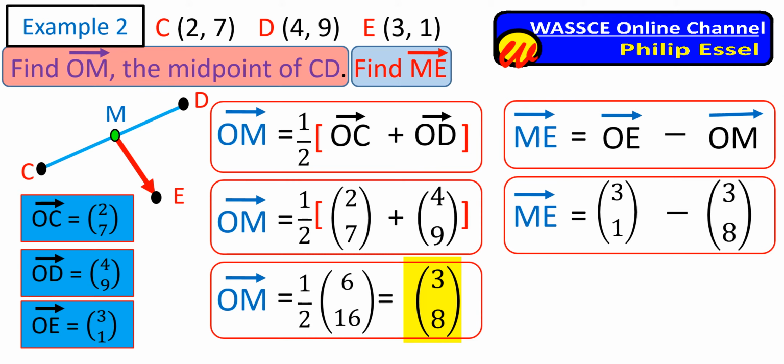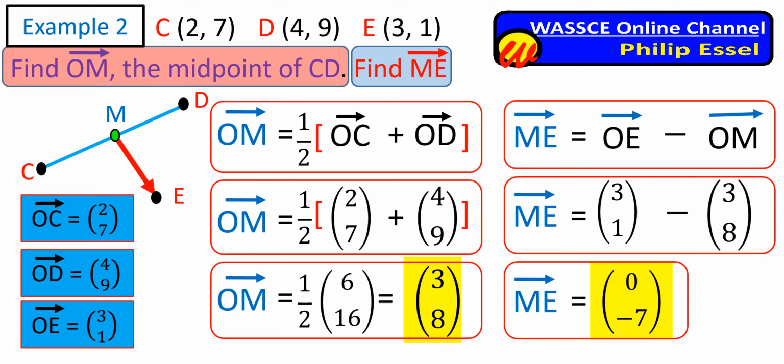So our vector ME is equal to the vector (3, 1) minus the vector (3, 8). When you solve for this, you would get the vector ME to be equal to (0, -7). So we've been able to find the vector OM, and we've also been able to find the vector ME. I hope you enjoyed this.